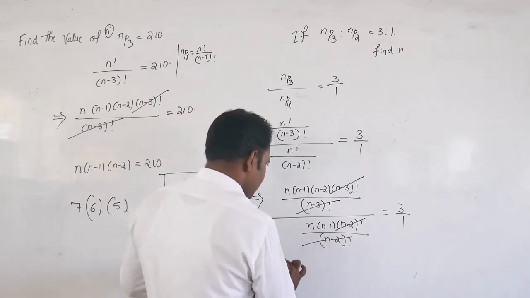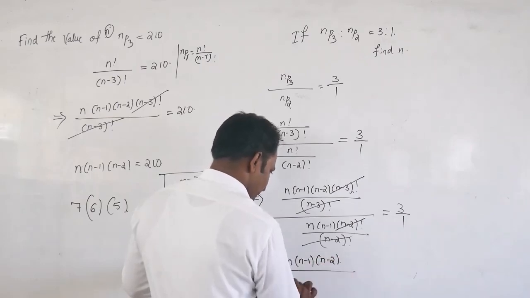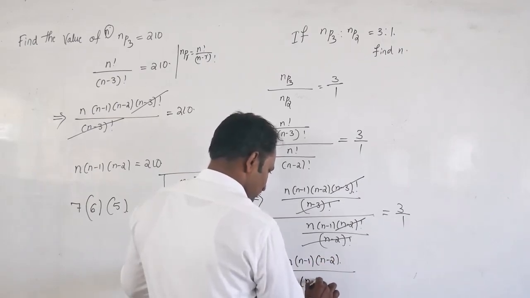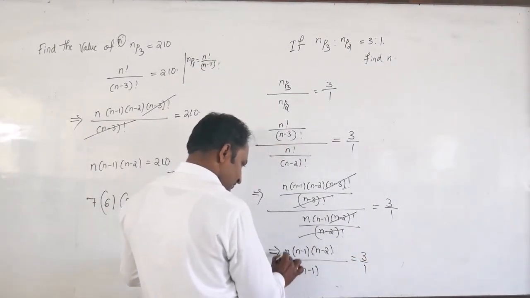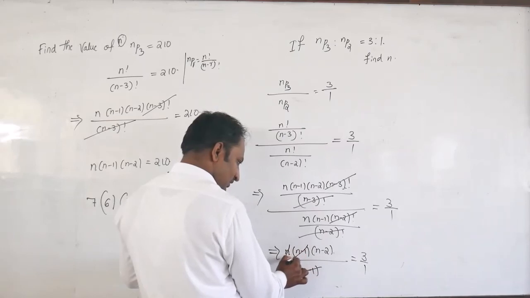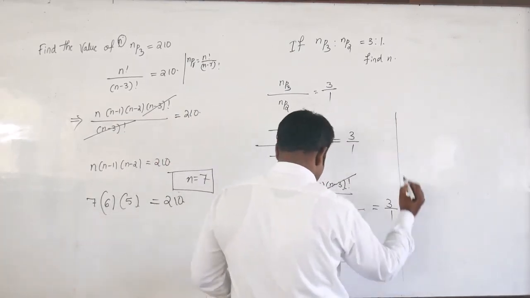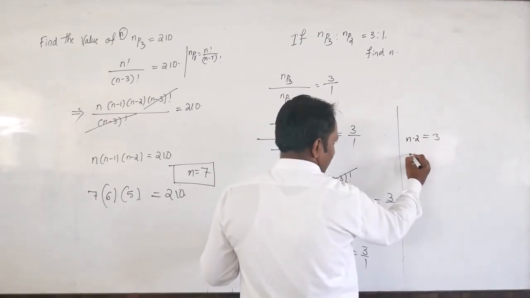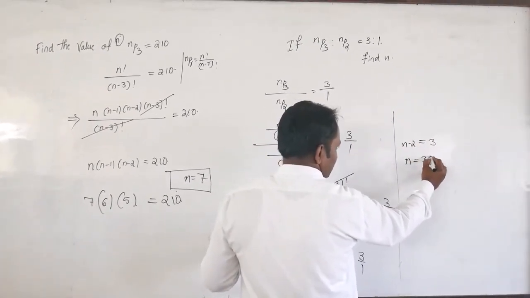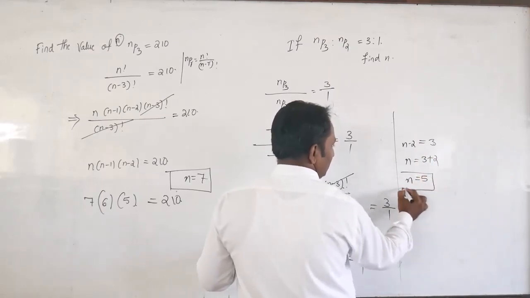We get (n minus 1) into (n minus 2), whole divided by (n minus 1), is equal to 3 by 1. Here (n minus 1) and (n minus 1) get cancelled. So n minus 2 is equal to 3, n is equal to 3 plus 2, n is equal to 5, which is our answer.